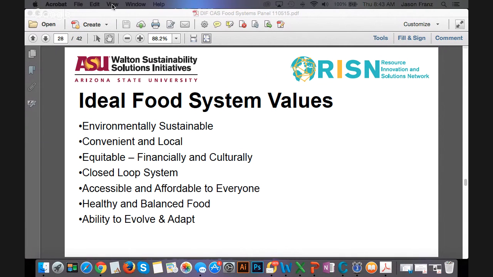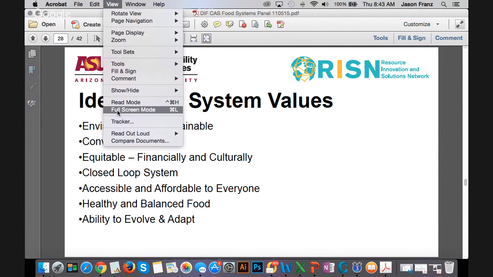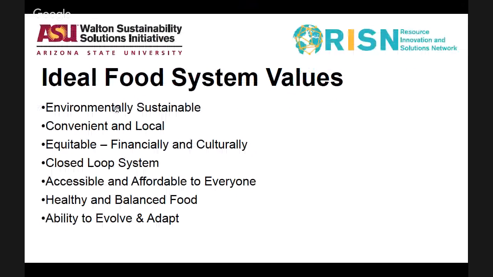The food system should be equitable financially and culturally. It should be a closed loop system, accessible, affordable to everyone, create healthy and balanced food or provide access to that, and have the ability to evolve and adapt. So these were the key system values that coalesced from the values developed by each individual table.